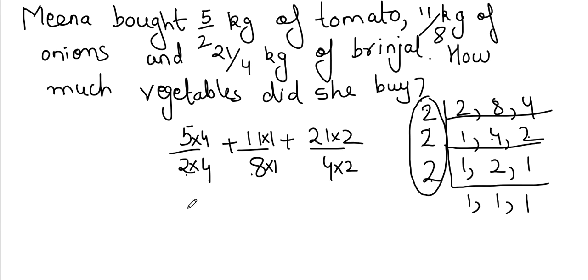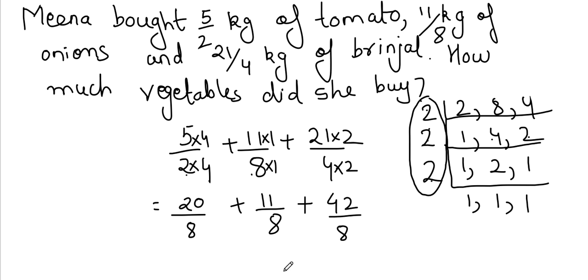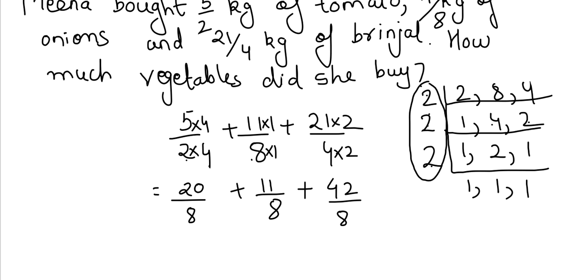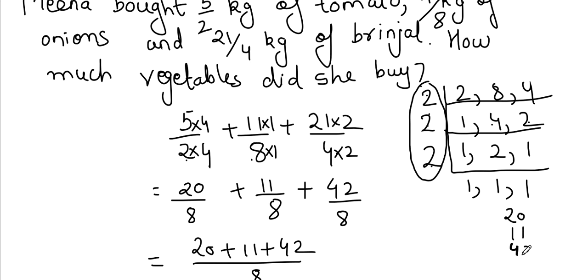Now 5 fours are 20 upon 8 plus 11 upon 8 plus 42 upon 8. Now I will add all the numerators since my denominator is same. So 20 plus 11 plus 42 upon 8. Let's add it up. 20, 11 and 42.